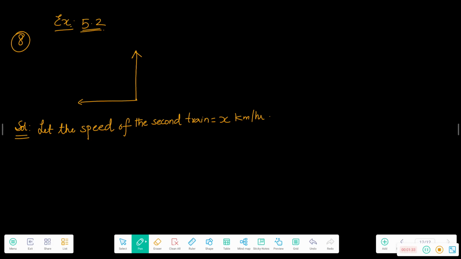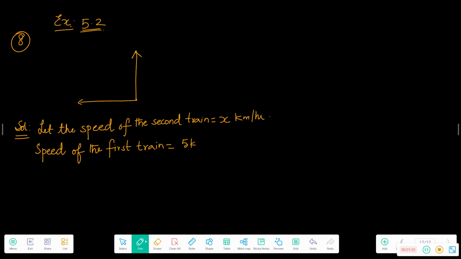And given in the question, the speed of the first train is 5 kilometers per hour faster than the second train.